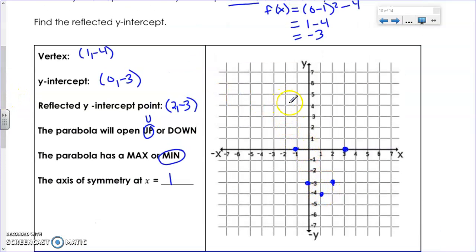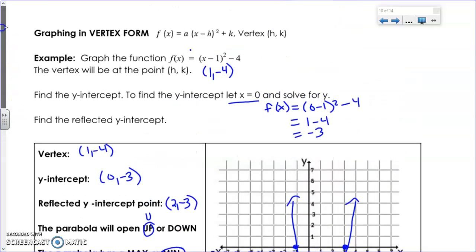And now I can easily draw my graph. Let's try that graph again. It's so hard to draw with this pen. So I can easily draw my graph using those points. So that is going from vertex form, graphing, and transformations to factored and standard.